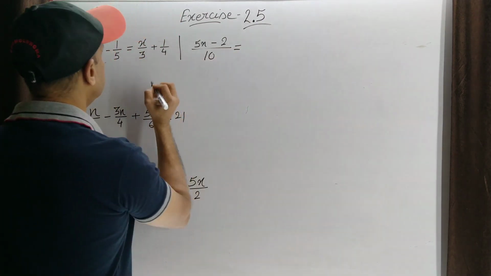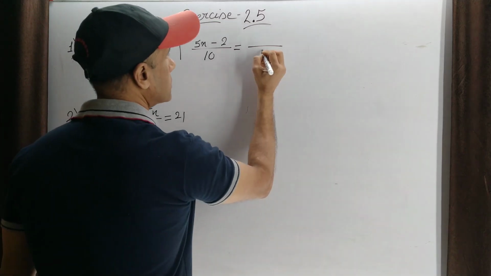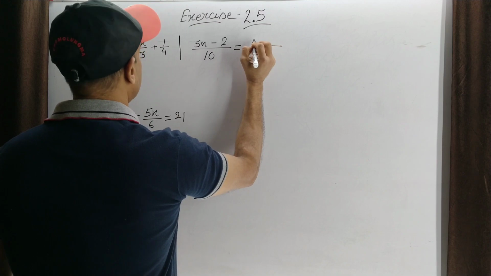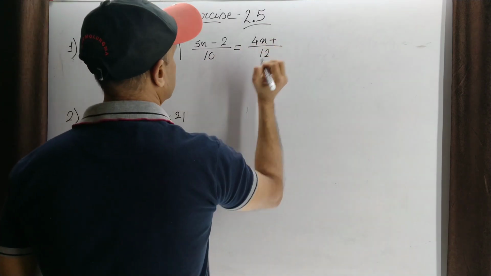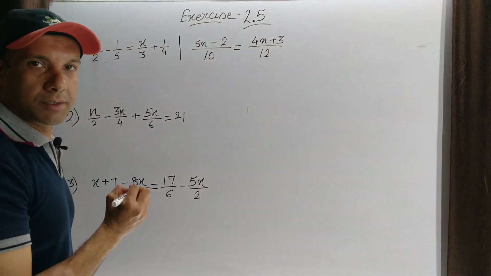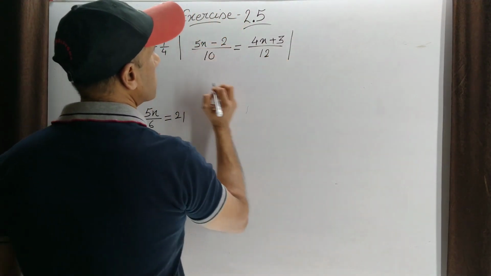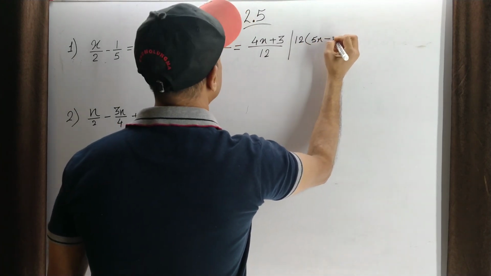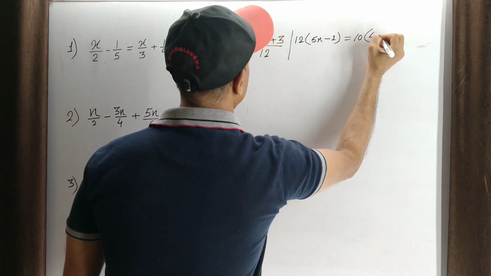This is equal to, common denominator in this case will be 3 into 4, that is 12. 3 divides 12, we get 4, so 4x plus 4 divided 12, we get 3. So far clear? So this cross multiplies, we get 12 into 5x minus 2 is equal to 10 into 4x plus 3.